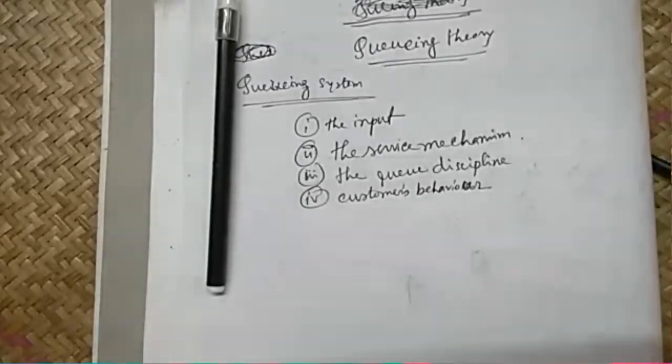Or in case of a doctor, for a very small problem, the doctor takes less time. For a larger problem, the doctor might take a long time. Similarly, for repairing different machines, a different time period is required. So that's why there is no certain exact time period.